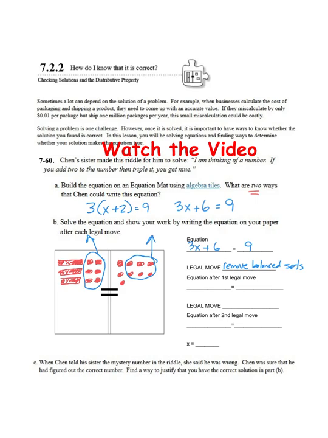And because I'm taking away the same thing from both sides, that's perfectly acceptable. That is a legal move. And then after that first legal move, I would have 3x on one side and 3 on the other. All right. So the next move, I have 3x and 3.